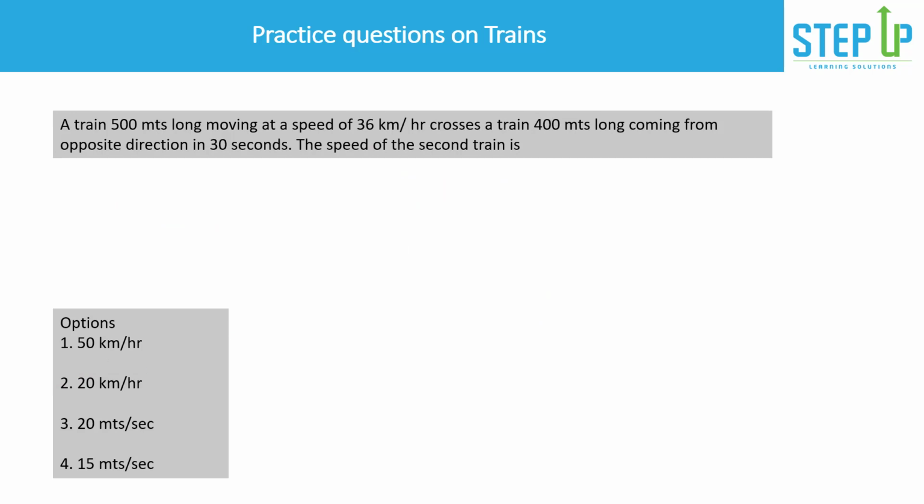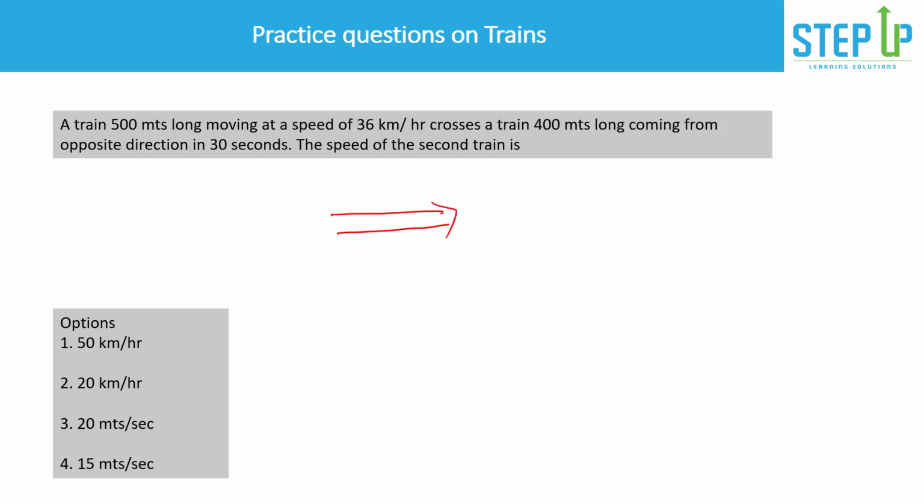Okay, let's see, there's another question and they're saying a train 500 meters long moving at a speed of 36 km per hour crosses a train 400 meters long coming from opposite direction in 30 seconds. Okay, time is given and the length of both the trains is given. Speed of one train is given. Speed of the second train is what we have to find out.